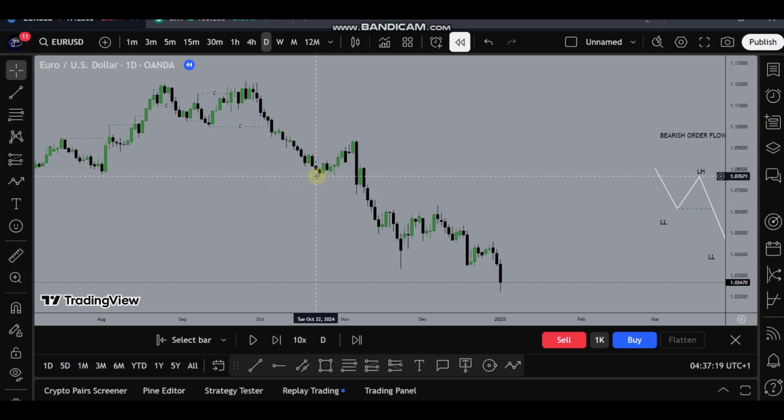After price made this low, it retraced back and then closed below the low. That means there is a break of structure now.